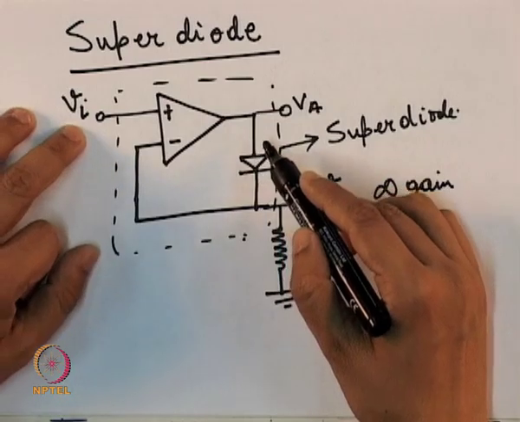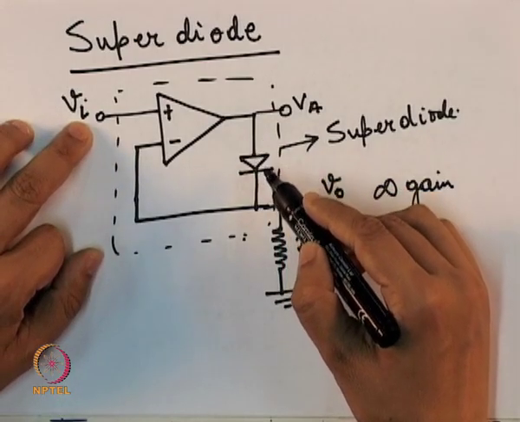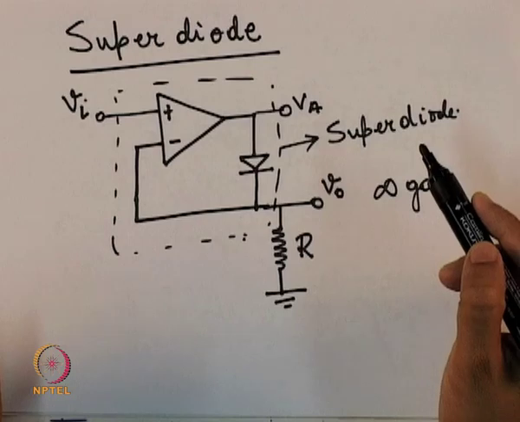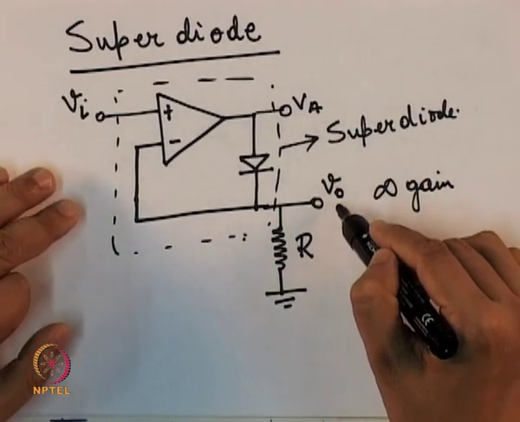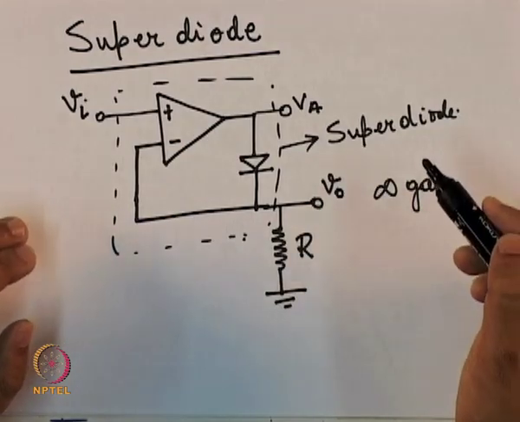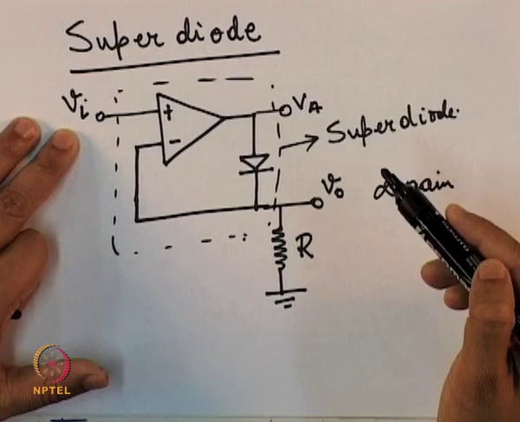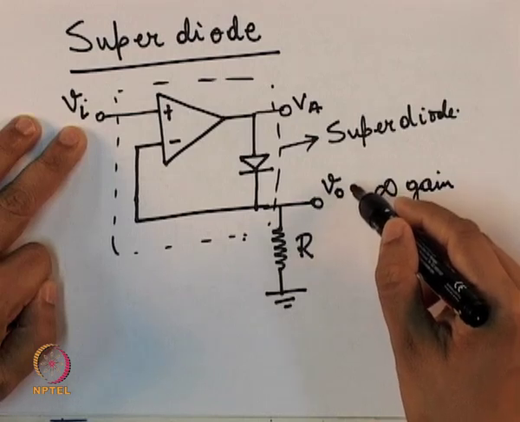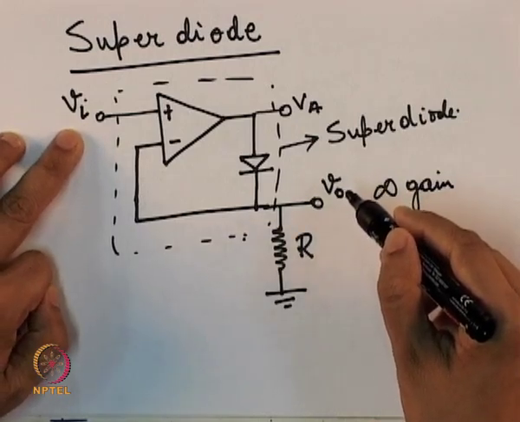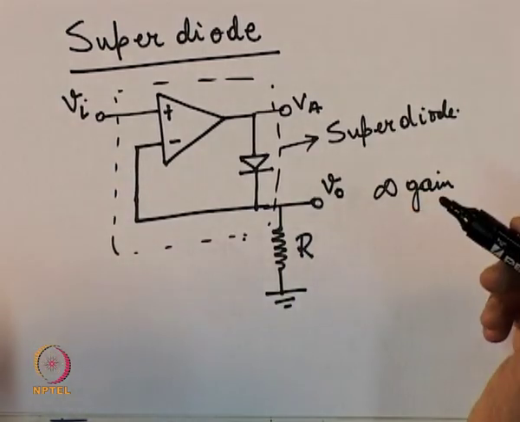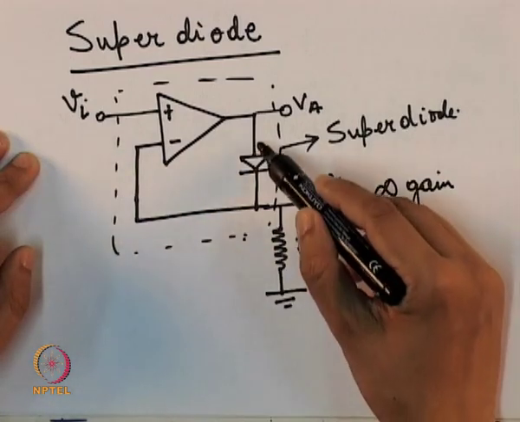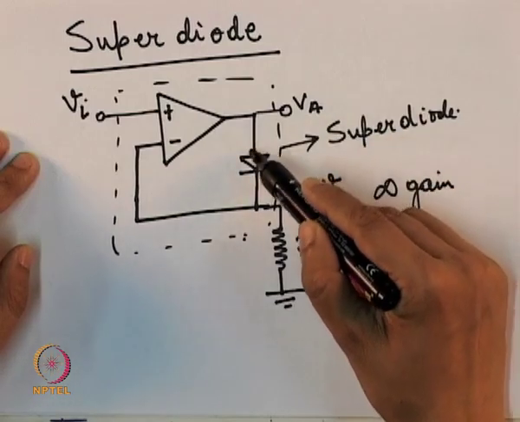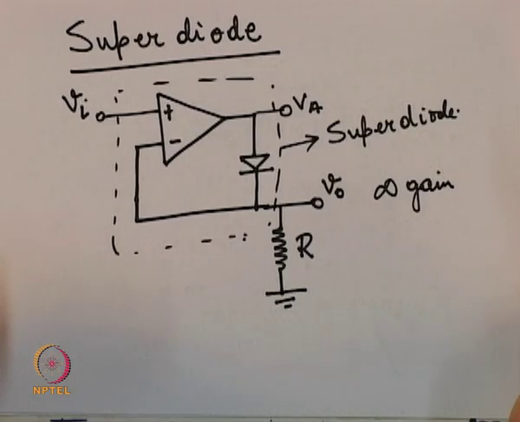And so, because for small voltage inputs also this diode goes to the forward bias mode, the output will be positive whenever Vi is positive. Even for small positive values of Vi, we will get a positive output voltage. Of course, for negative values of Vi, V0 will be 0, because for negative values of Vi, Va will reach the lower saturation voltage, and this diode will be in reverse bias mode.